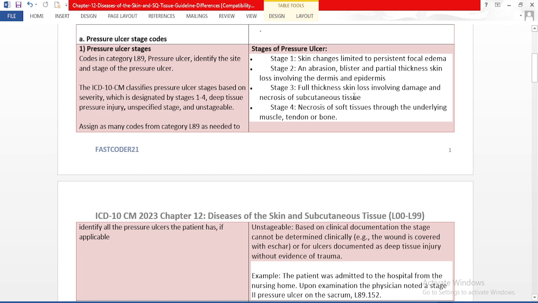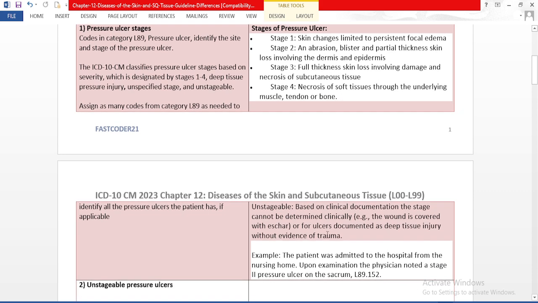Stage 3, full thickness skin loss involving damage and necrosis of subcutaneous tissue. Stage 4, necrosis of soft tissues through to the underlying muscle, tendon or bone. So we have unstageable here: based on clinical documentation, the stage cannot be determined clinically, or for ulcers documented as deep tissue injury without evidence of trauma.